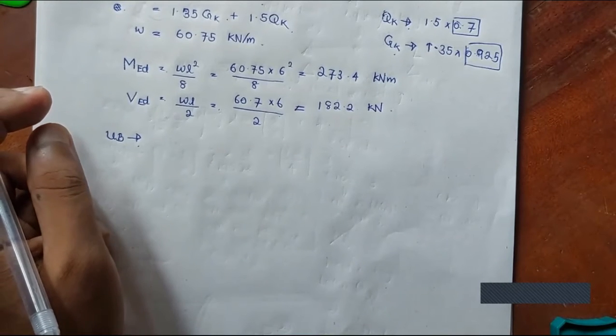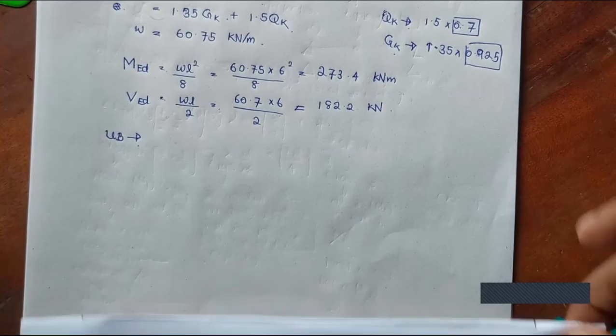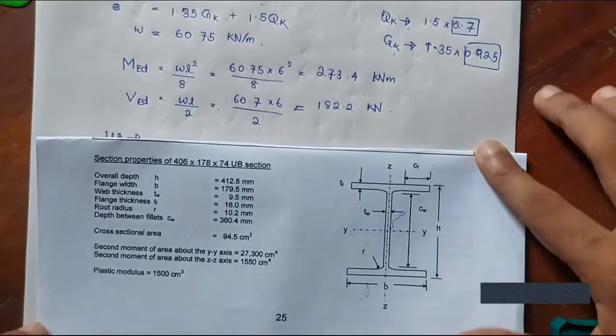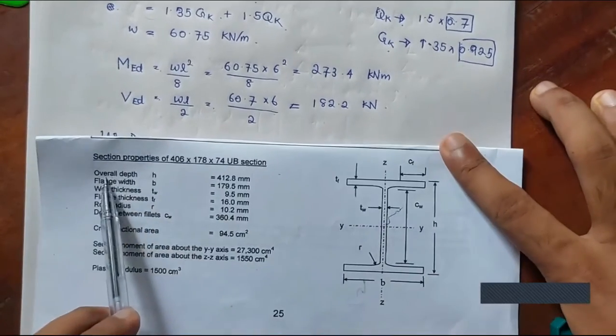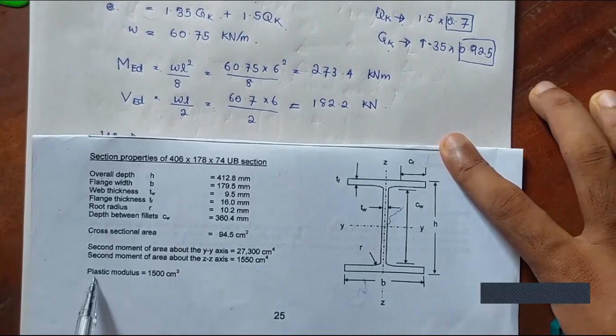For this UB section, right, there are overall depth, overall flange width, everything there, right? So if you want, you can see it from this one. So for this section, you have overall height, everything, flange width, thickness, cross section area, everything given.